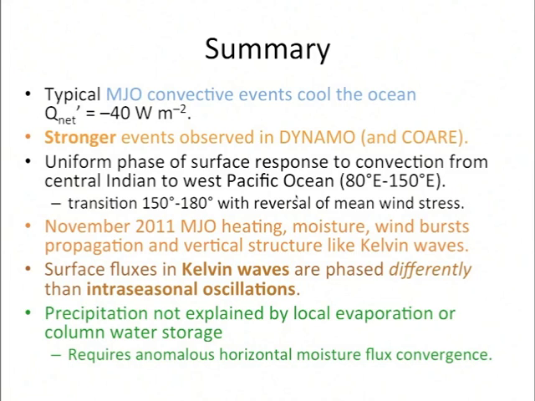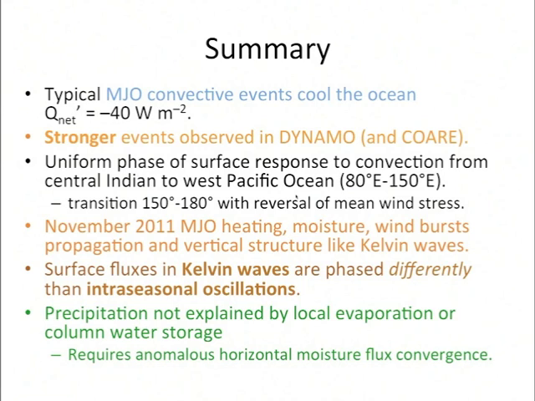In those Hovmöller plot composites I showed, the surface variables have the same response over the whole Indo-Pacific warm pool. They didn't vary. It seems there's not a big difference between the COARE location and the DYNAMO location.